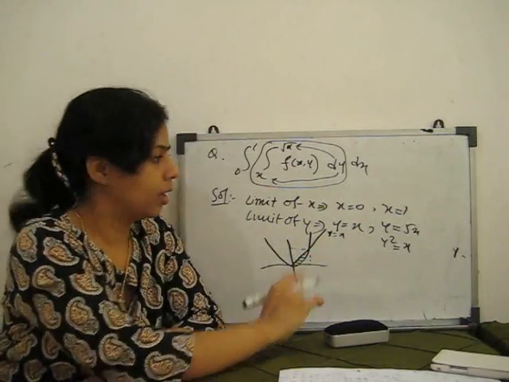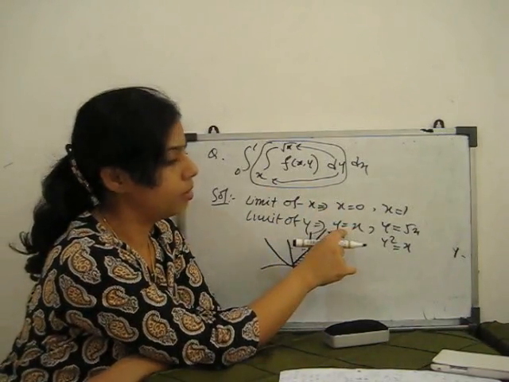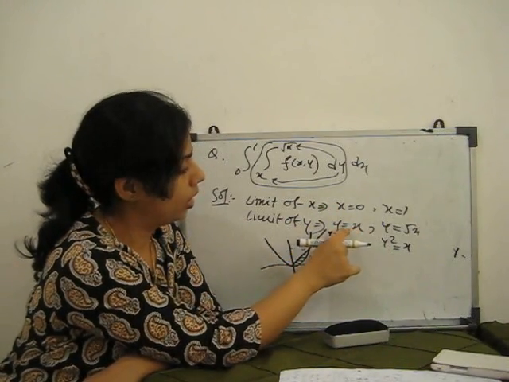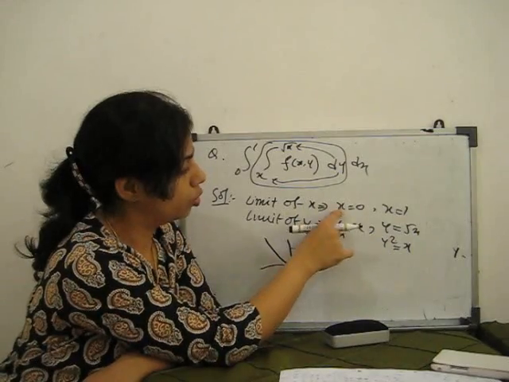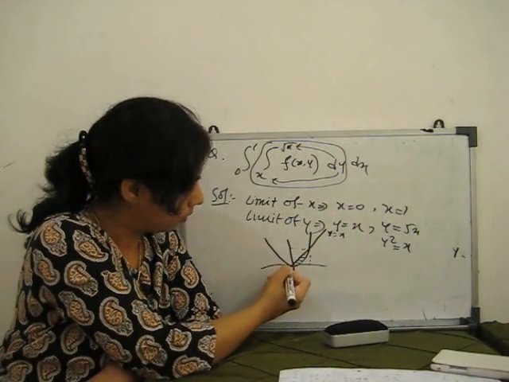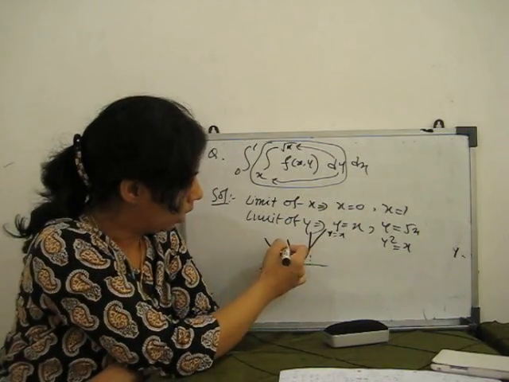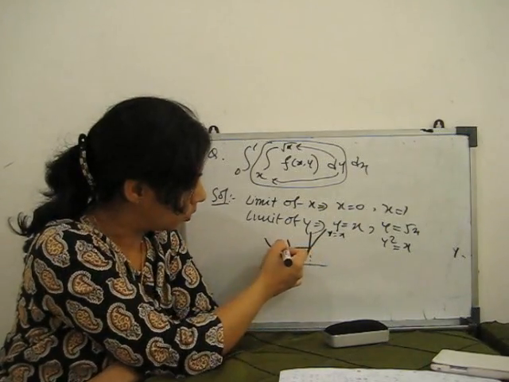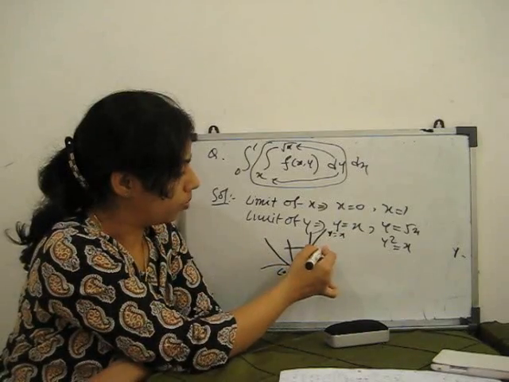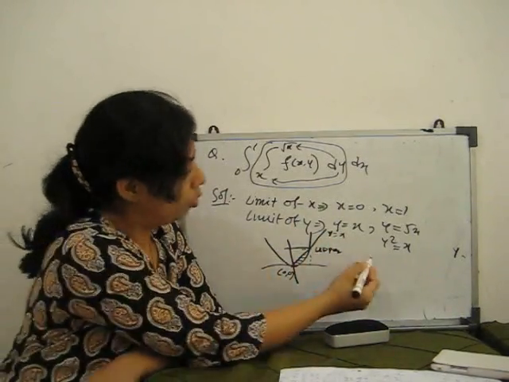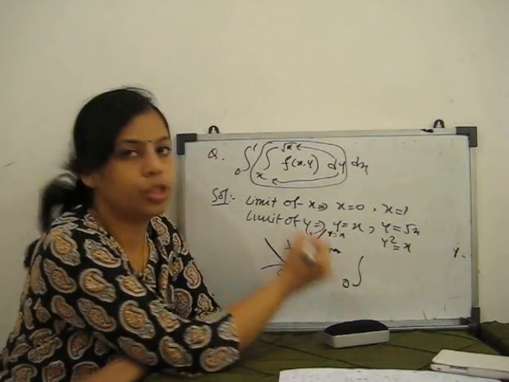Now you have to check how we convert the limit of y into constants. Put x equal to 0 here. When we put x equal to 0, y is also 0. So the lower limit of y is 0.